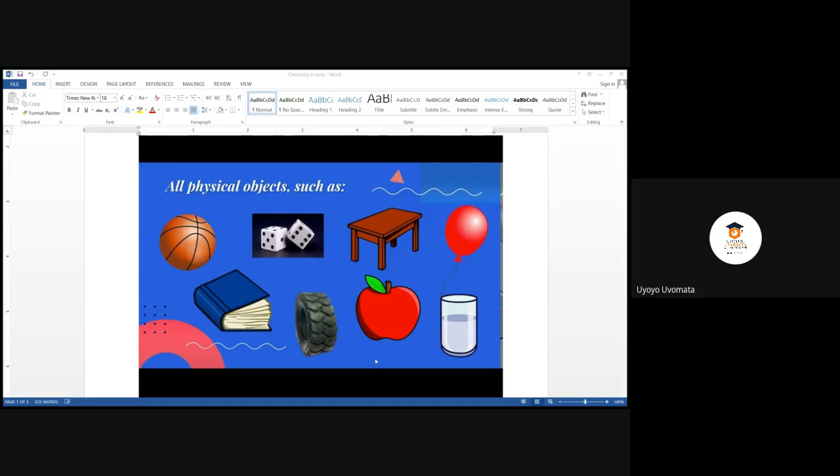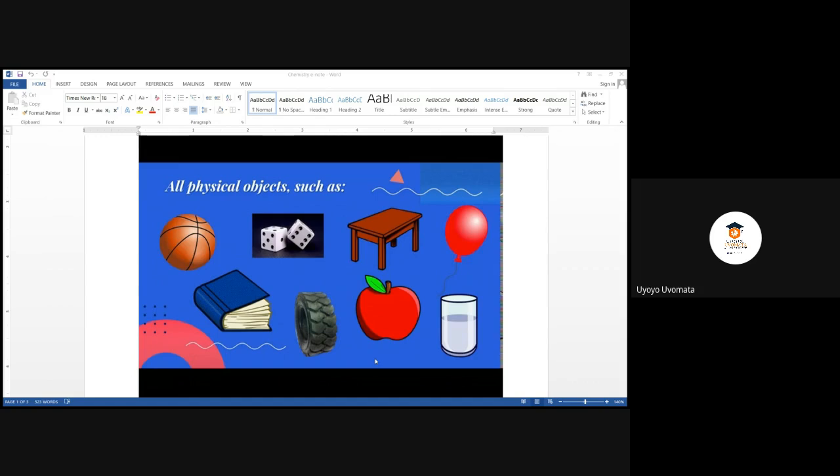Now, these are examples of matter. Why are they examples of matter? Because they have mass and they occupy space.